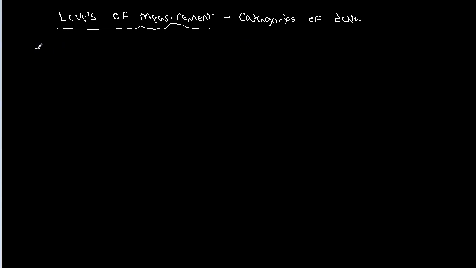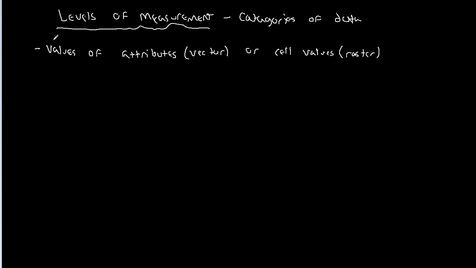So we are not talking about spatial data. So we're not talking about points, lines, and polygons, vector or raster. What we're talking about are the values in the attribute table. Attributes for vector data or cell values for raster data, right?